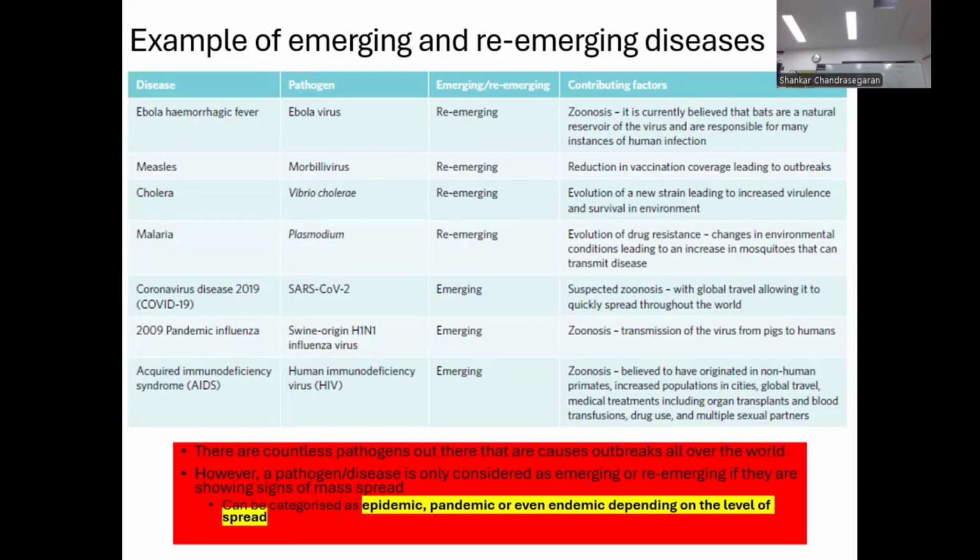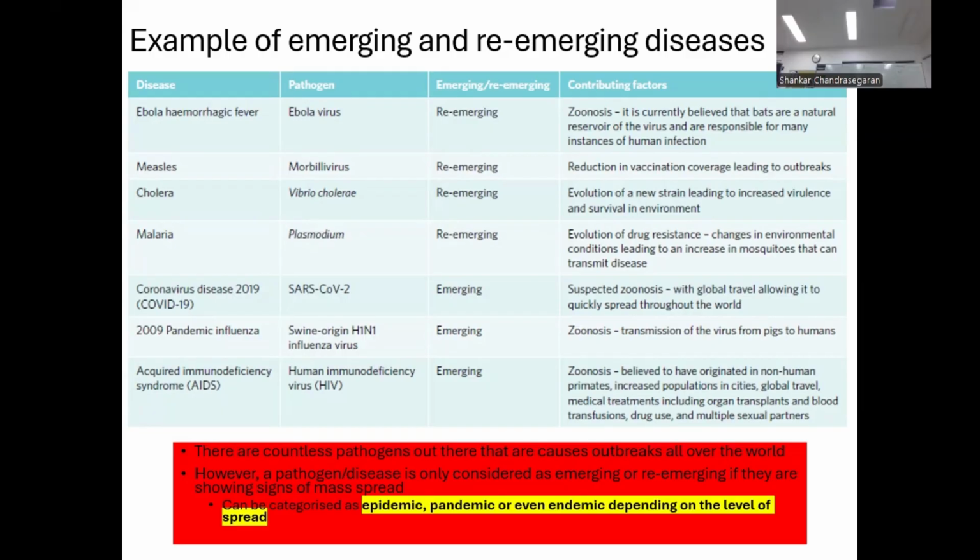That's why they are considered re-emerging diseases, and they are caused by different causative agents, right? Causative agent is the same as the pathogen, the one leading to the disease itself. There is a very big difference between the pathogen and the disease. Disease is what the pathogen causes, and the pathogen is the causative agent, right?